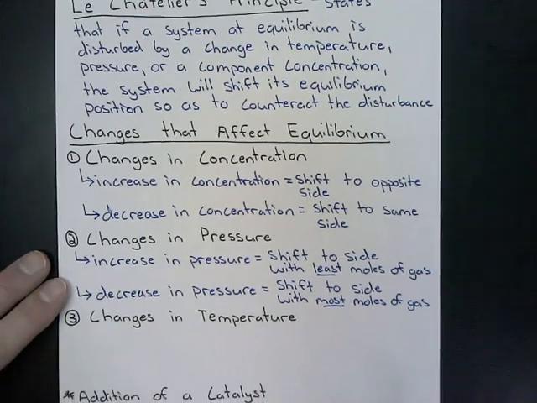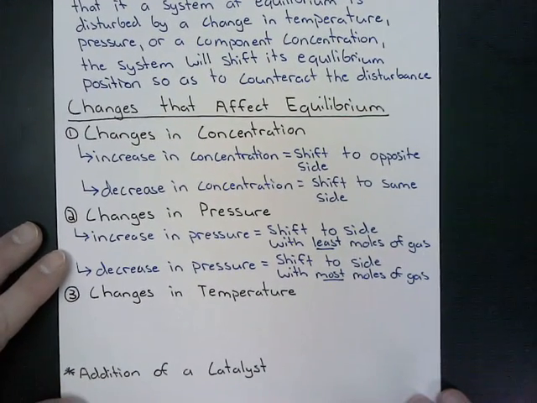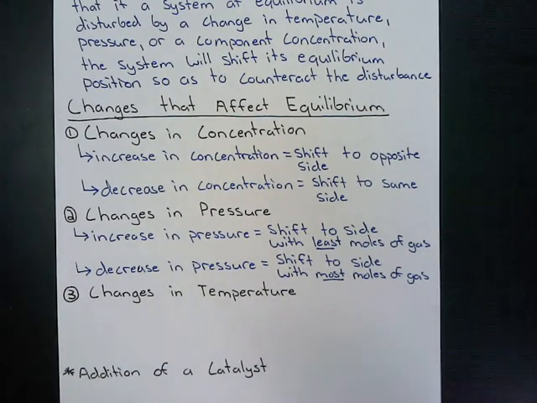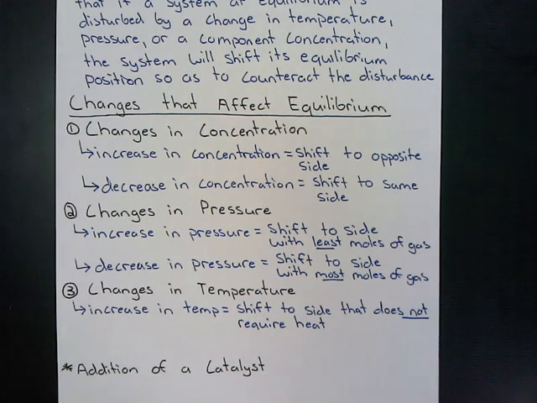Now, if there is a change in temperature, number one, we have to know the enthalpy of the reaction, which will be given. But if there is an increase in temperature, the equilibrium is going to shift towards the side that does not require heat. All right, so there it is.